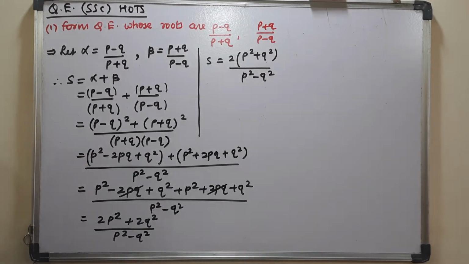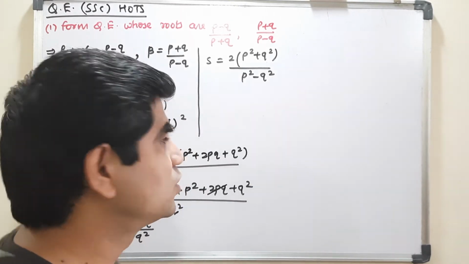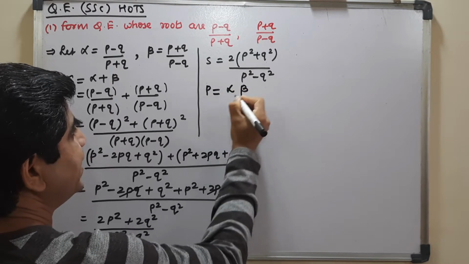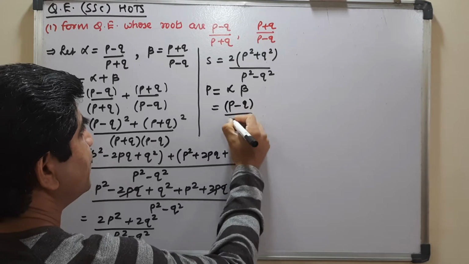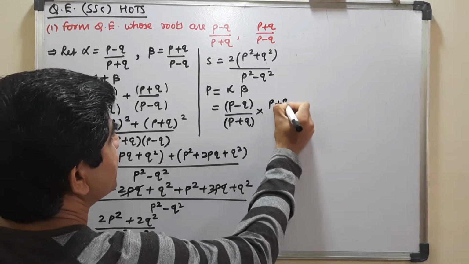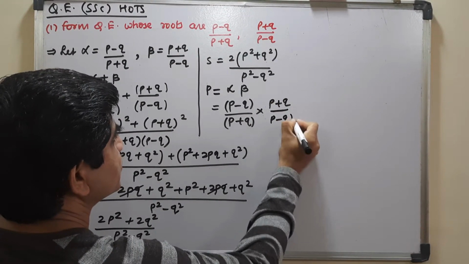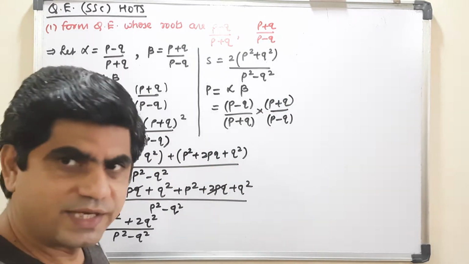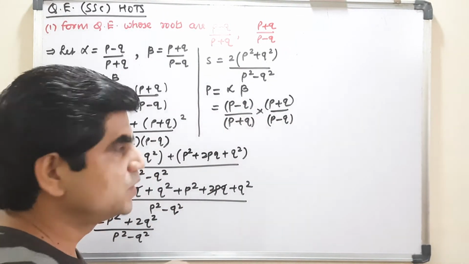This is your s. Now you require the product also. So the product, I will call it as p, is alpha into beta. That is very simple: p minus q upon p plus q into p plus q, which is beta, upon p minus q. Agreed? So when I see it, the numerator and denominator are both the same.